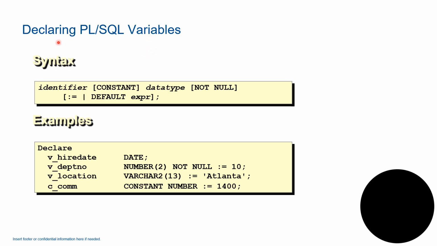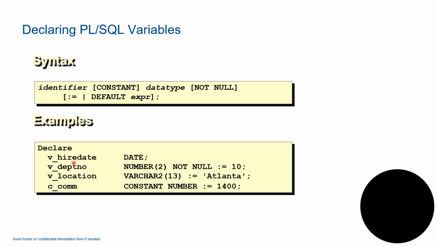Now, declaring PL/SQL variables. This is the syntax: identifier, constant, data type, and not null if we want that variable to always have a value; it should not be null. And then default, if we want some default value. So here is an example.